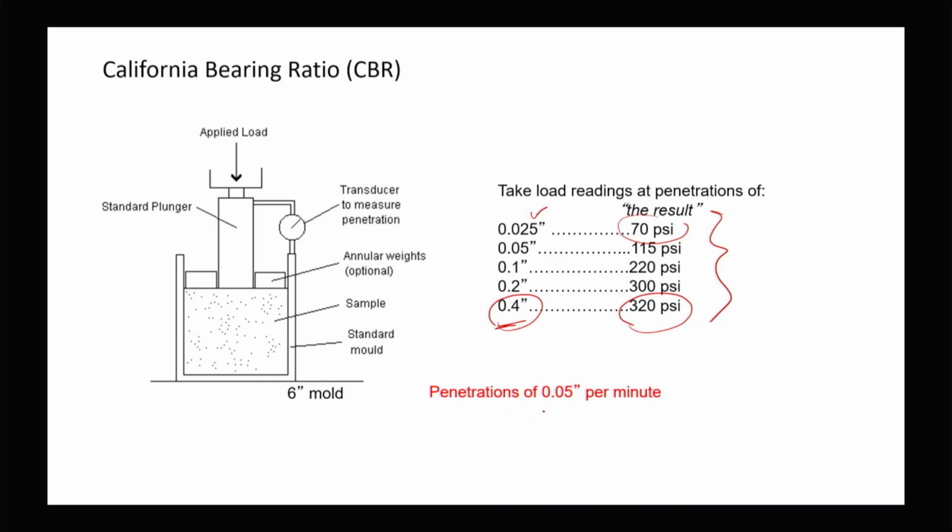So penetration is 0.05 inch per minute. Here the soil sample is there and a standard plunger is being pushed at a certain speed, 0.05 inch per minute, and the pressure is recorded, and for different pressures the penetration is calculated.